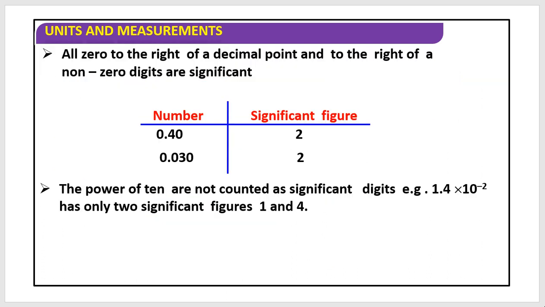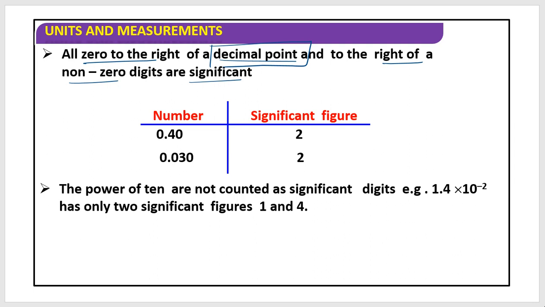Clear? Okay, let's look at some new rules. All zeros to the right of a decimal point and to the right of non-zero digits are significant, but this is valid only with a decimal point.